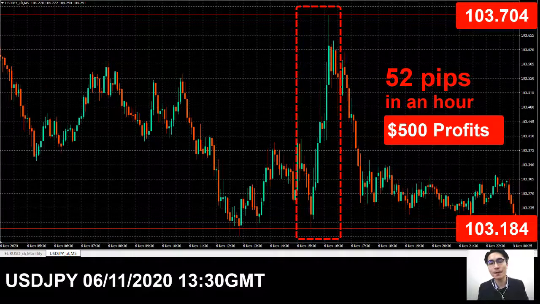If I skip all the detailed calculations, if I traded 100,000 units, which is $1,000, in US dollar and Japanese yen, and the price moved by 52 pips, the profit I'm going to get is $500. So 1 hour, $500 profit, and that is what you can expect from forex trading.